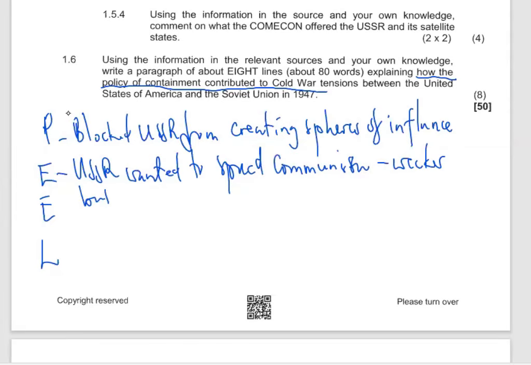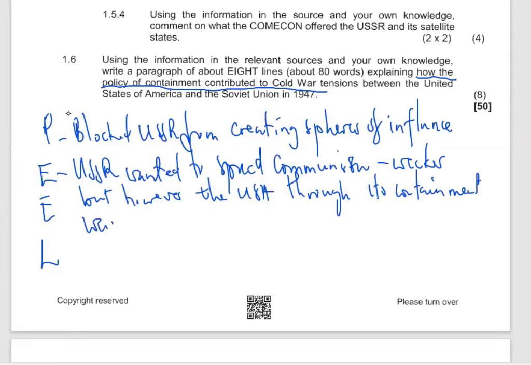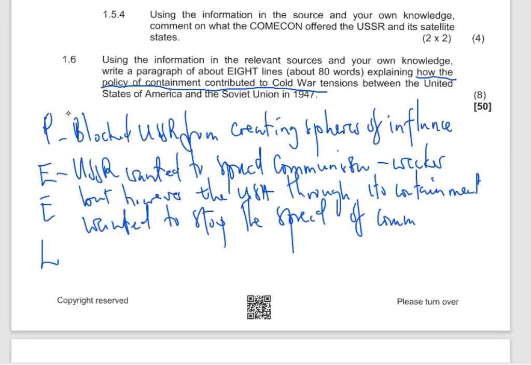However, the USA, through its containment policy, wanted to stop the spread of communism. Then you go on to highlight evidence of the expansion by the USSR in spreading its ideas.